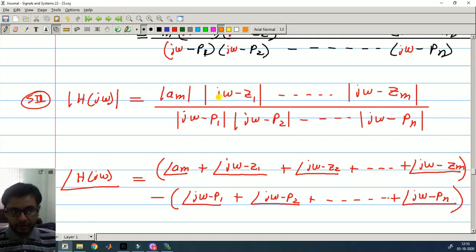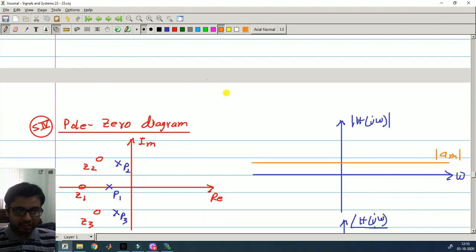Then consider the next term, j omega minus z1. This is a term that depends on frequency omega, so let us consider mod of j omega minus z1.